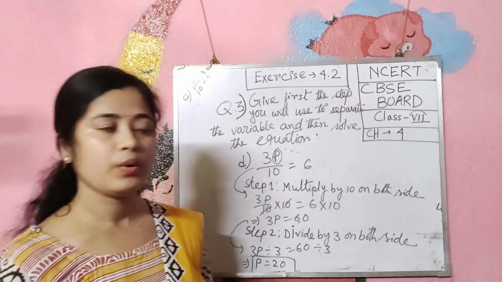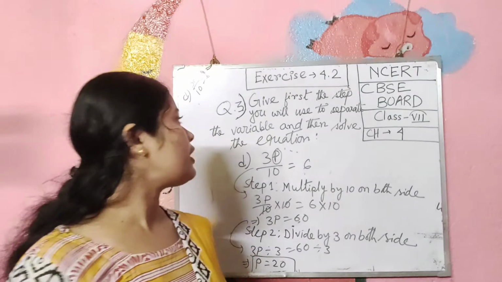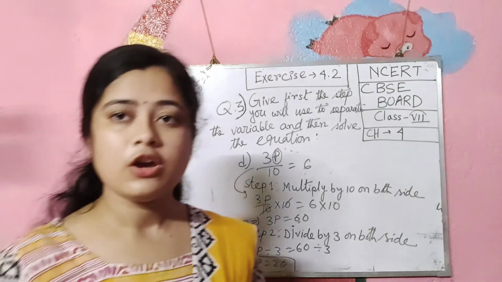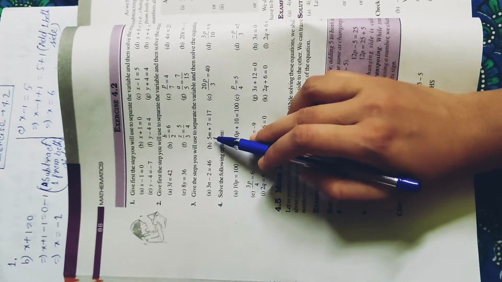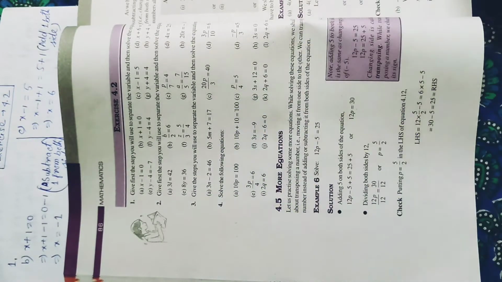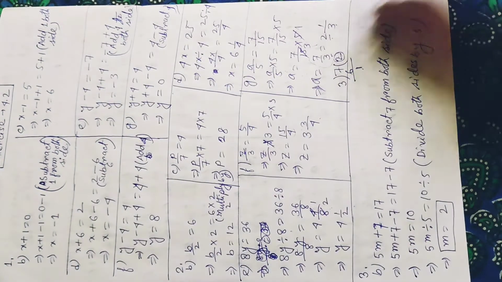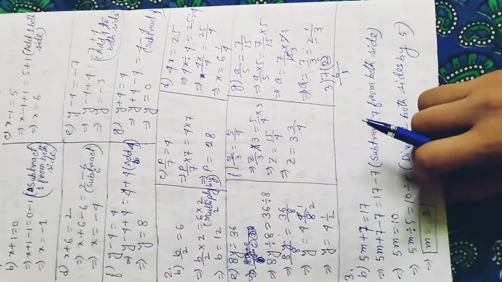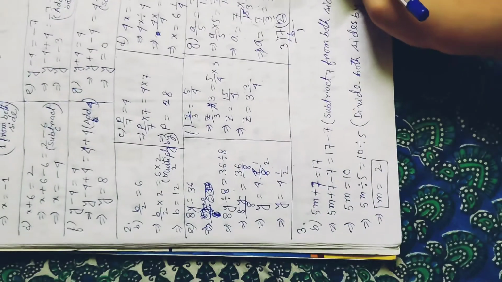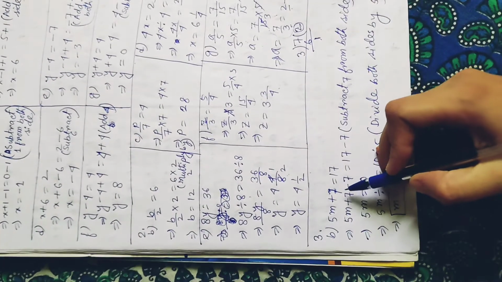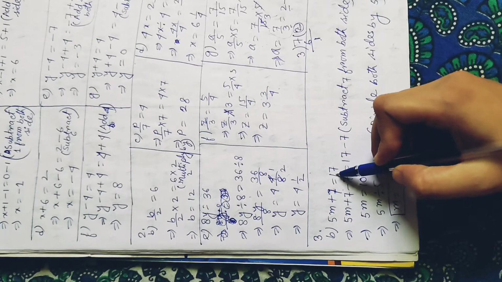Like that process you have to separate the variable. Okay, then now I will discuss all the answers of question number 3. The second question is 5m plus 7 equals 17.